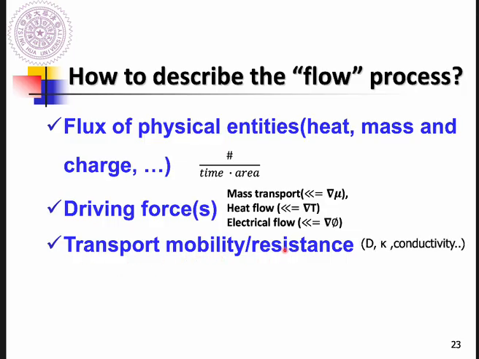So transport mobility or resistance can be considered as diffusivity to describe mass transport, thermal conductivity to describe how fast or how slow the heat flow is, or conductivity to describe the electrical property of your material. So now we know that if you want to describe a flow process, you need to have driving force, flux, and material properties, such as transport mobility or resistance.